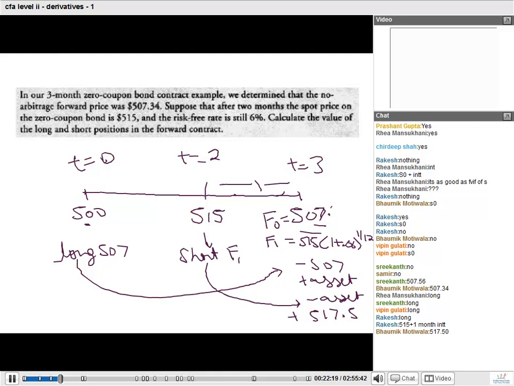As soon as he has short F1 here, is there any risk because of the asset price anymore? Now it doesn't matter whether the asset price increases or the asset price falls. I will receive 517.5 and I will have to pay $507. So what is my net payoff?